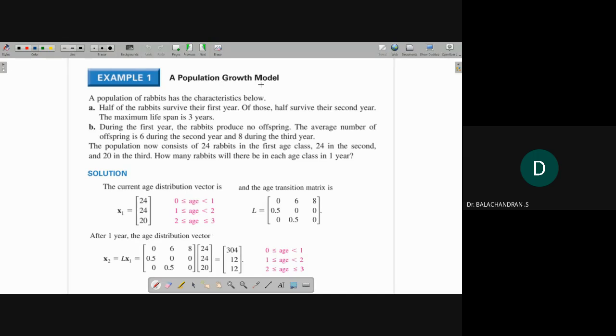A population growth model. A population of rabbits has the following characteristics. First one, A. Half of the rabbits survive their first year.